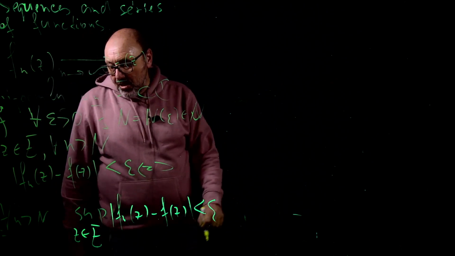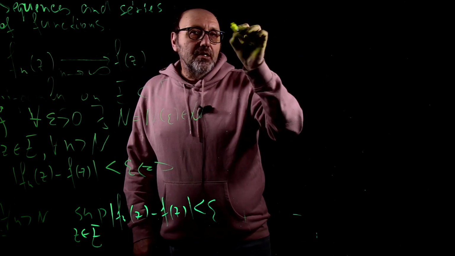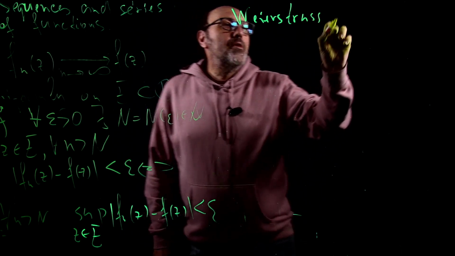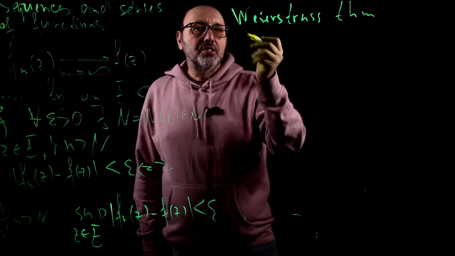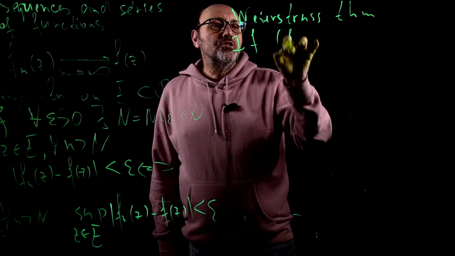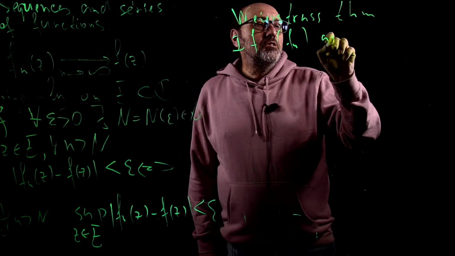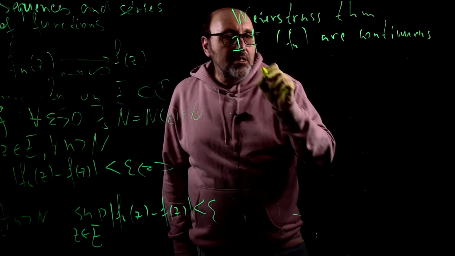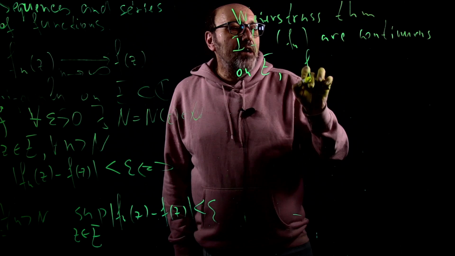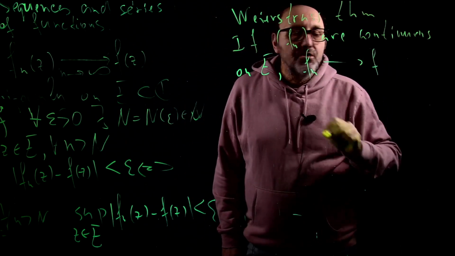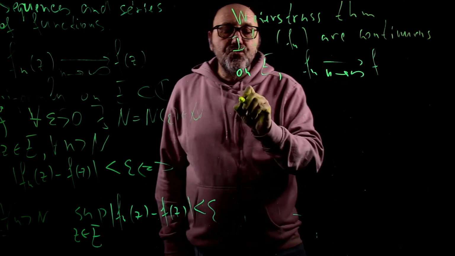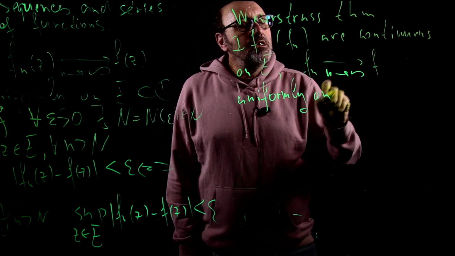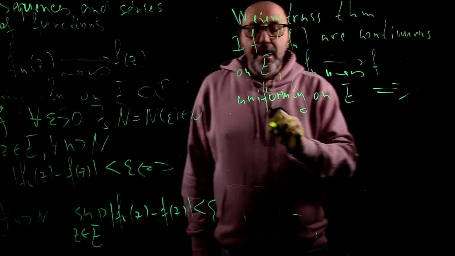And of course there is the classical Weierstrass theorem from real analysis, which says that if the functions f_n are continuous on E and f_n converges to f when n tends to infinity uniformly on E, then f is continuous.